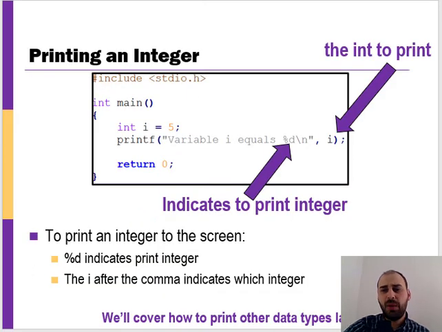Now, one other thing I want to show you before we go into tracing branch statements is how we can print out an integer value to the screen. Here we're declaring and initializing I, saying we have an integer I and we're setting it equal to 5, and we want to print to the console, to the screen, variable I equals 5.